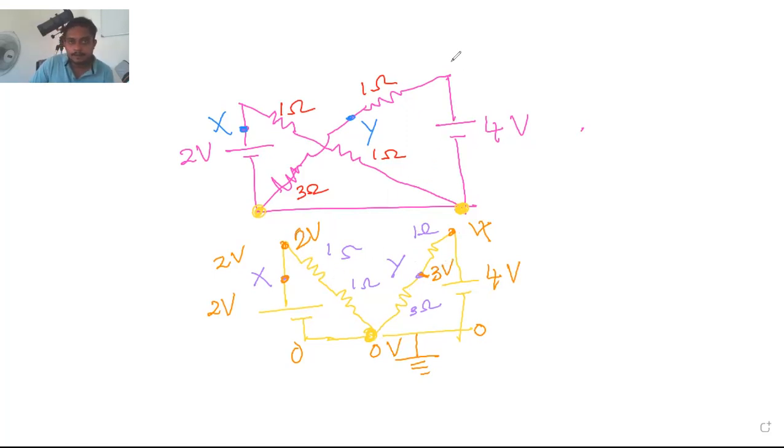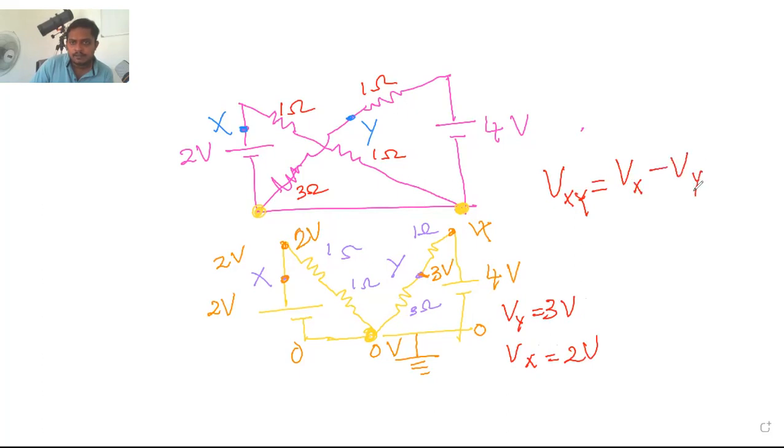So now they ask you relative voltage. Vy we are getting 3 volt, Vx we are getting 2 volt. They are asking Vx relative to y, so we can write the same equation as for relative velocity. This means 2 minus 3, finally you are getting minus 1 volt.